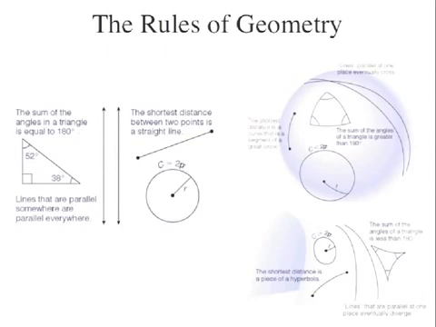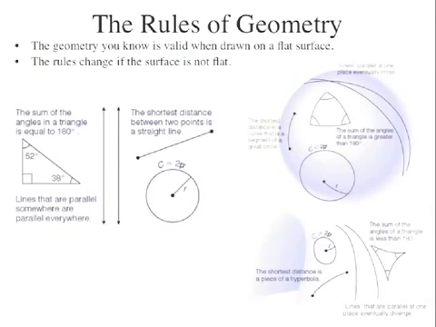These are basic rules of geometry, except they're only special because this is drawn on a flat sheet. This is the so-called flat Euclidean geometry, known by these rules.